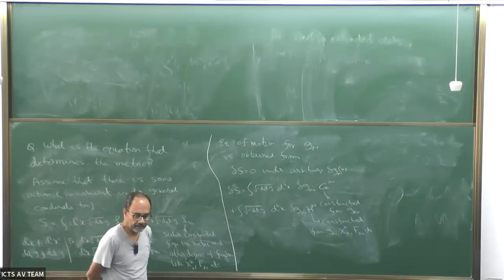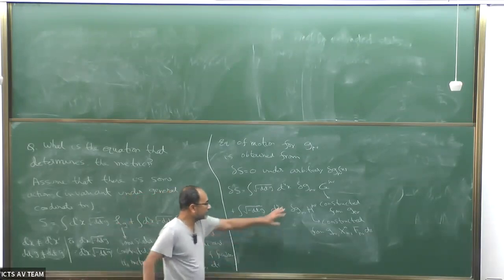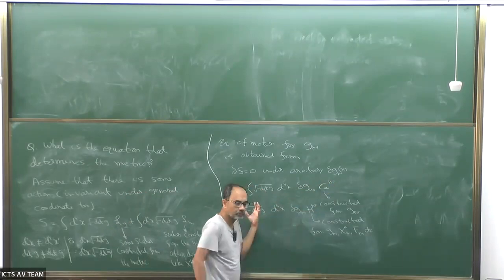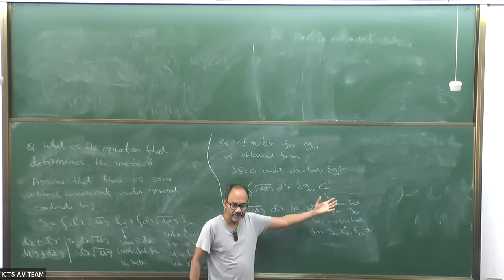Whatever is not factored out is inside this. That's all we are saying: we pull out root minus determinant g, and whatever is there, you call this.